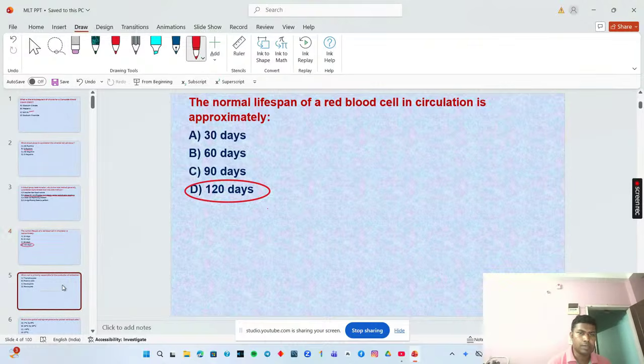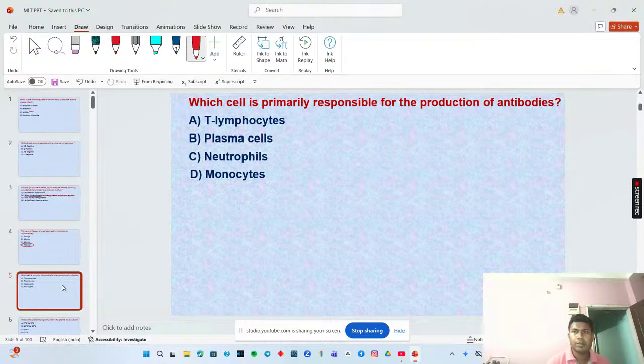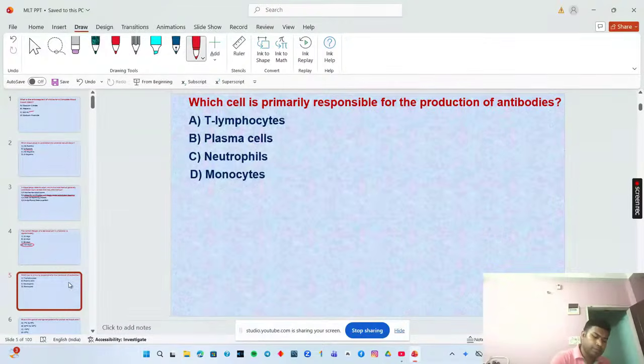Which cell is primarily helpful in the production of antibodies? Which cell is responsible for the production of antibodies? It will be lymphocyte. The answer to this question will be lymphocyte.